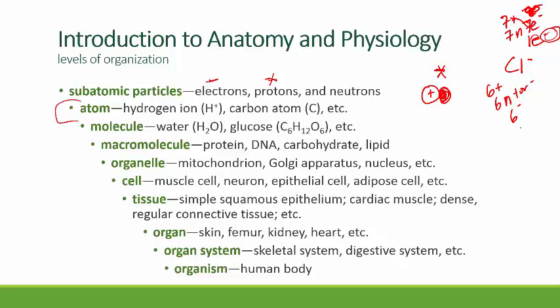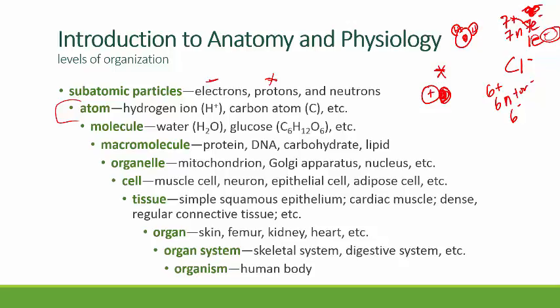All right, so atoms are there at the bottom of our levels of organization, the very smallest subunits that we're really considering. But you can combine atoms together to make molecules. For instance, the water molecule is an oxygen atom. So there's the atom of oxygen, and I put a little O in it to make it oxygen. And attached to it, like little Mickey Mouse ears, are 2 hydrogen atoms.